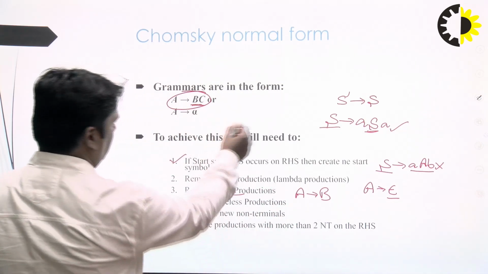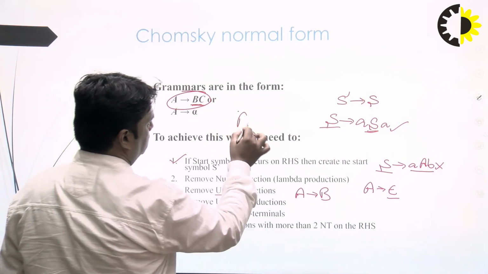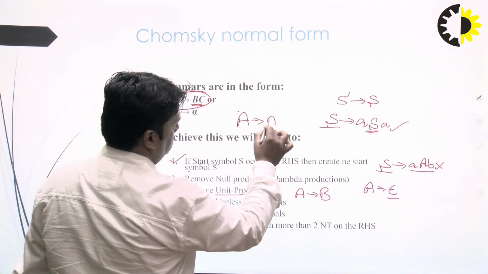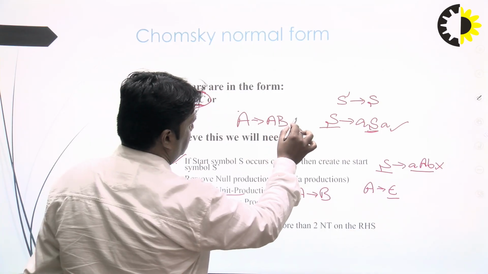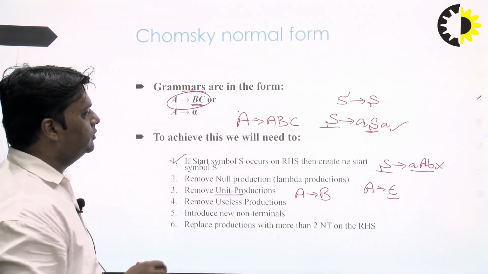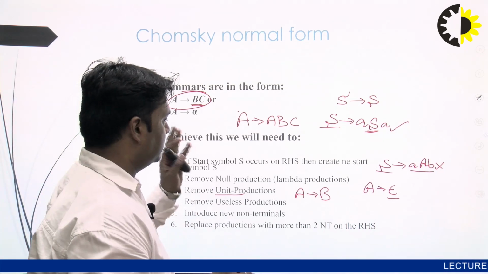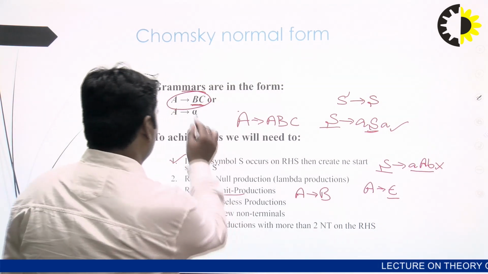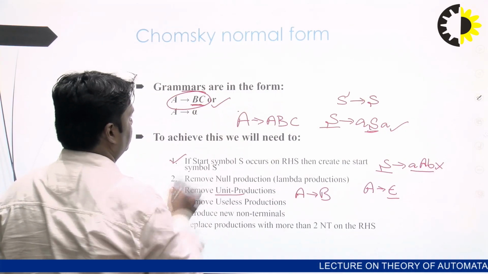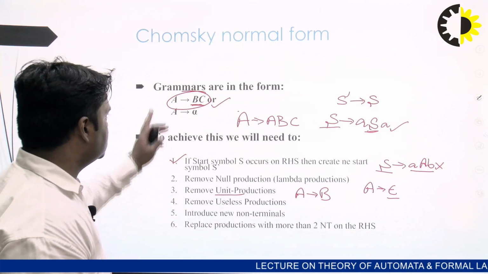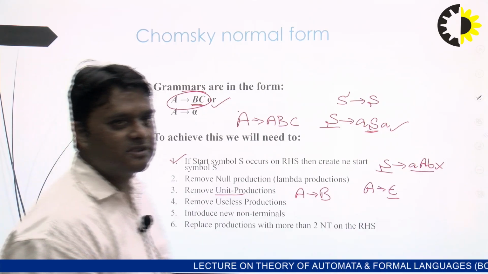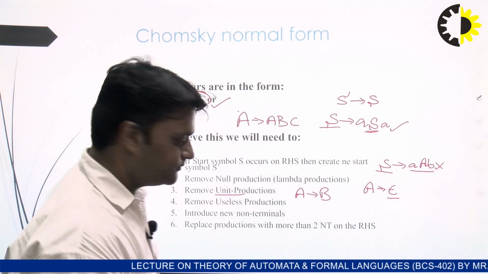If there are more than two non-terminals like ABC, then we have to reduce them to two non-terminals, because the CNF rule is that a single non-terminal derives two non-terminals.